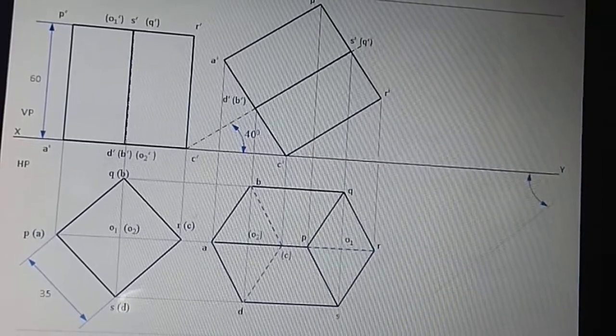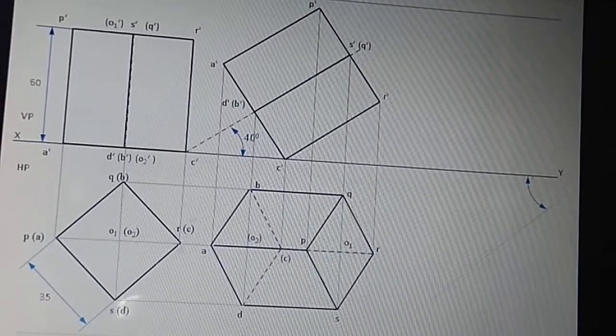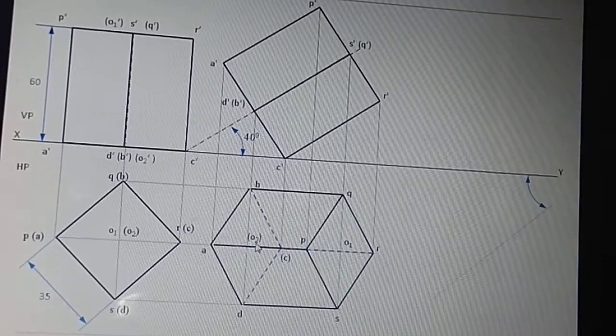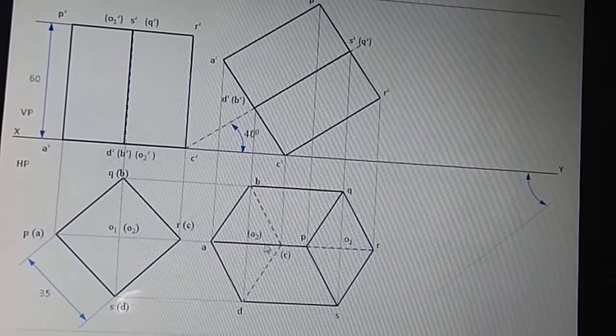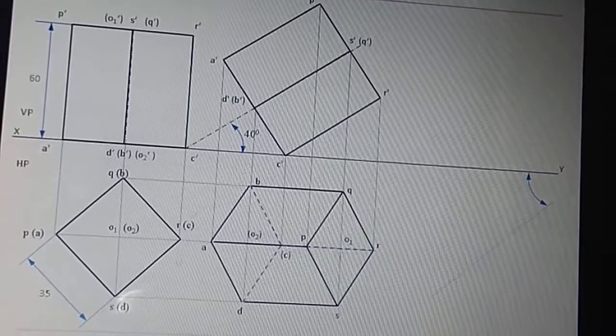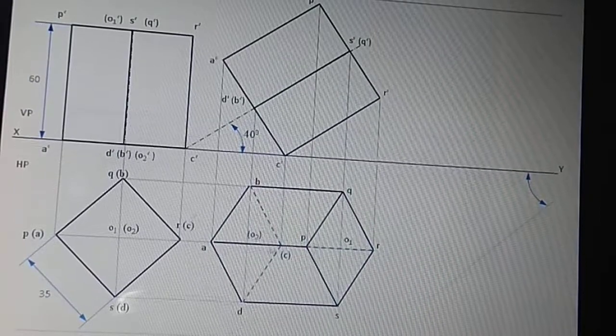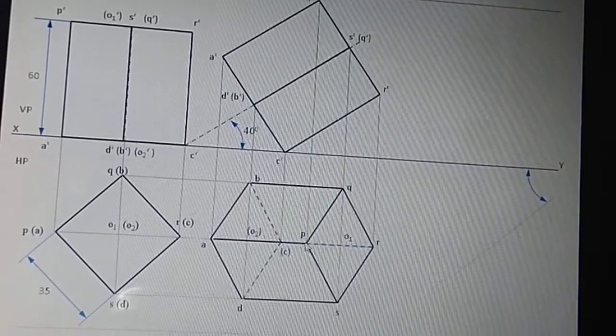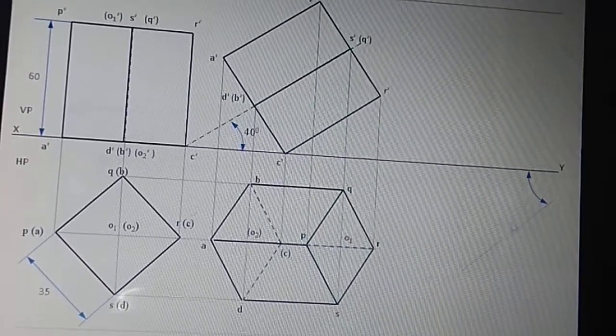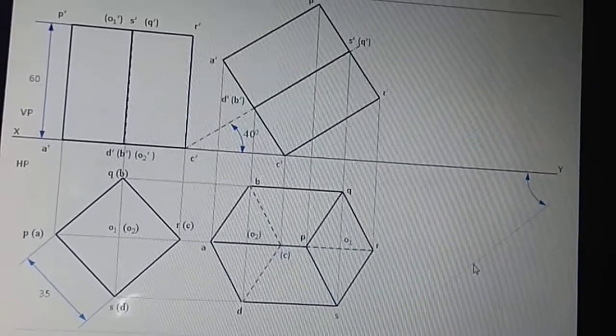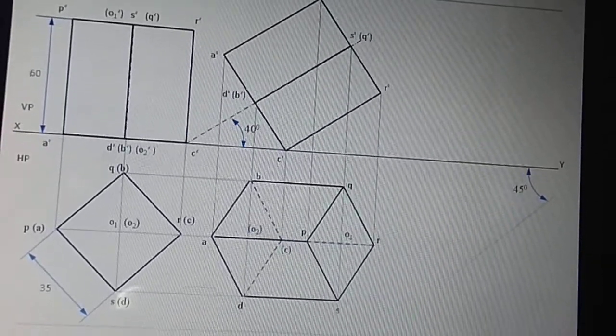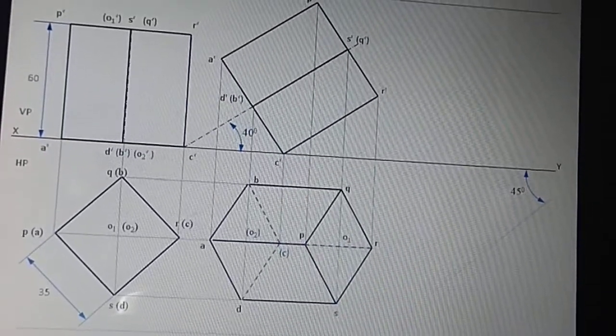Then we are going to draw this axis, that is O1 and O2. This is the height of the square prism in the top view in the second position. This is tilted at an angle of how much? 45 degrees to VP.